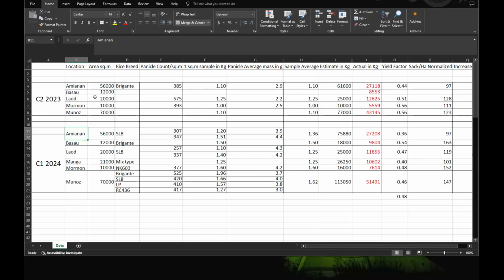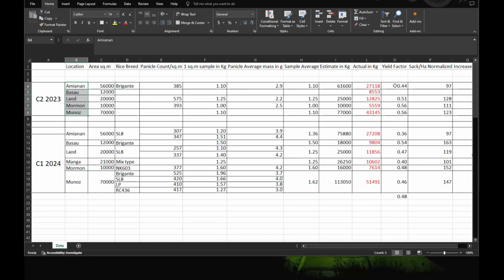So in second crop 2023, I have five locations with different areas, giving me these values. I have the estimate in kilograms and the actual yield in kilograms, and I'm getting this yield factor.